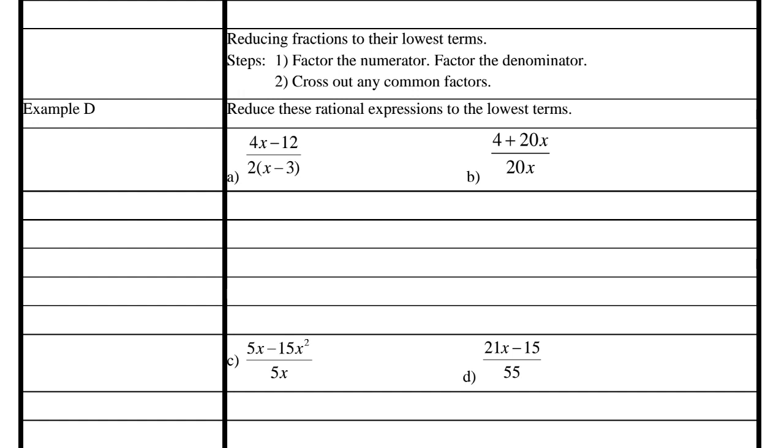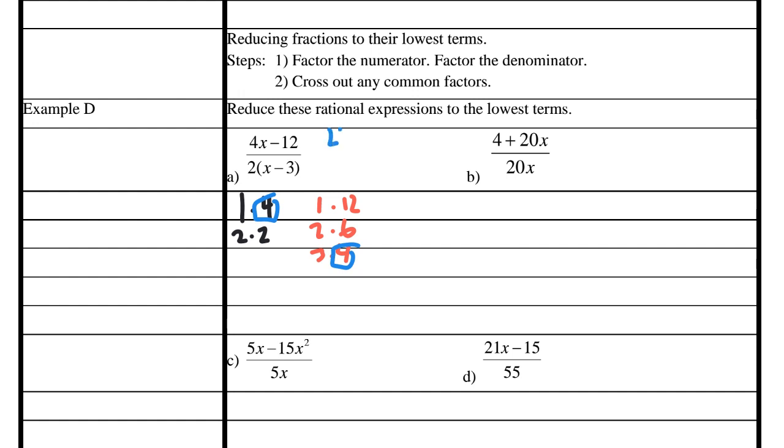So, looking at my numerator, 4x minus 12. Identify the greatest common factor. I would break down 4 into 1 and 4, and 2 and 2. Break down 12 into 1 and 12, 2 and 6, 3 and 4. Greatest common factor is 4.